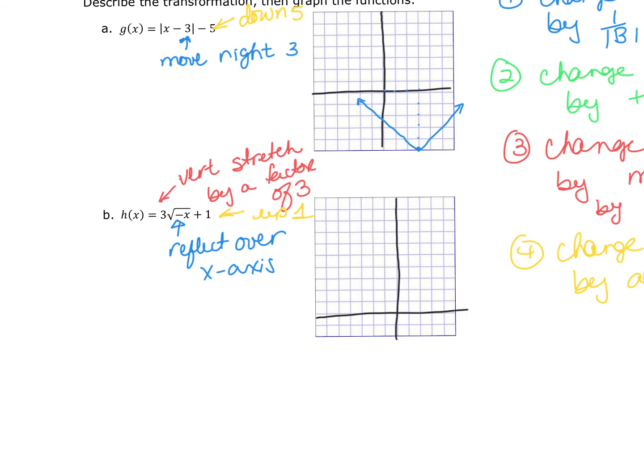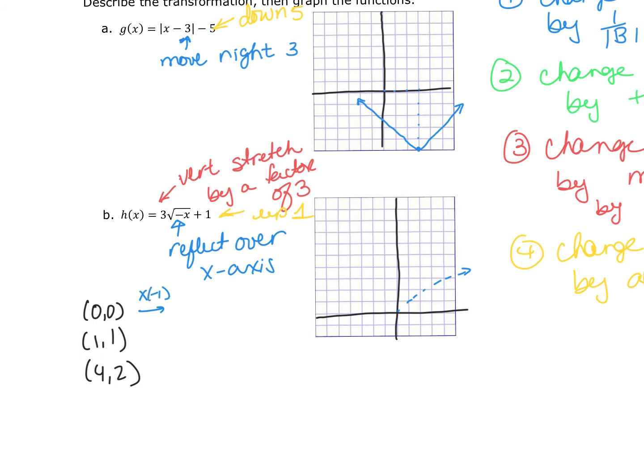So the original square root function should look something like that, right? Let's do our key points for this one, because sometimes I forget some of the key points for the square root. So the key points for the square root are (0, 0), (1, 1), (4, 2). Now, I'm going to take all my x's. My x's are going to be multiplied by -1 because that's my b value.